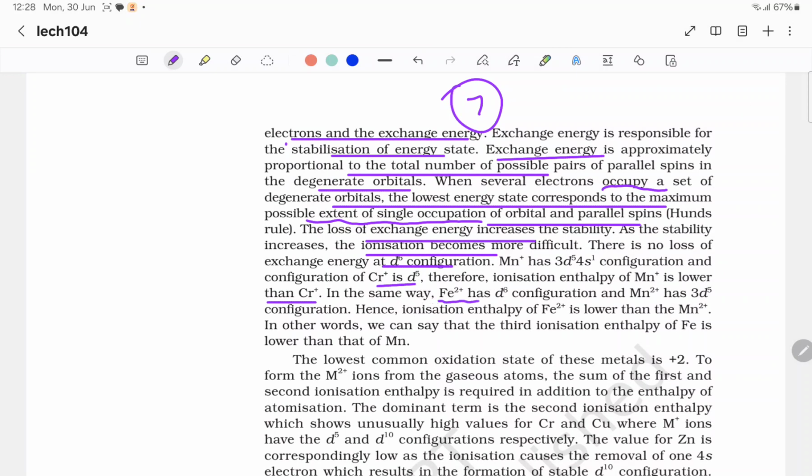In the same way, Fe2+ has d6 configuration, Mn2+ has 3d5 configuration. Hence, ionization enthalpy of Fe2+ is lower than that of Mn2+. In other words, we can say that the third ionization enthalpy of Fe is lower than that of manganese.